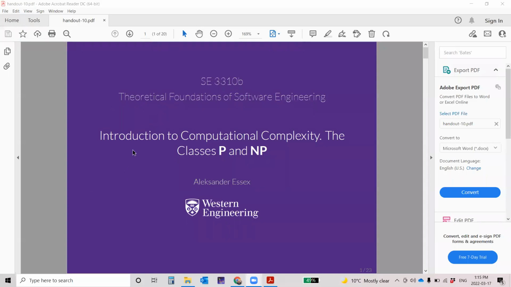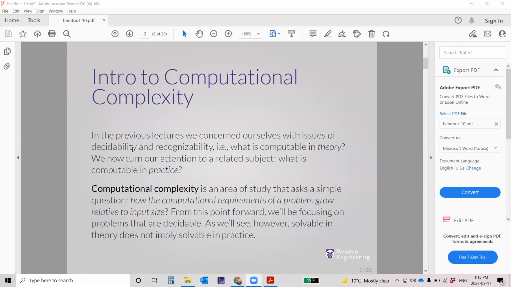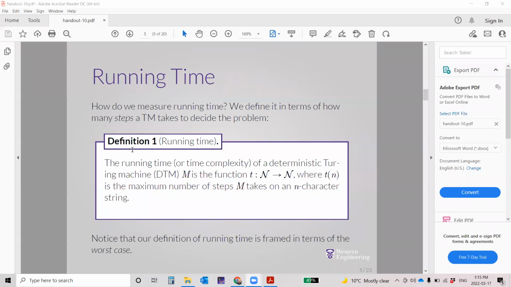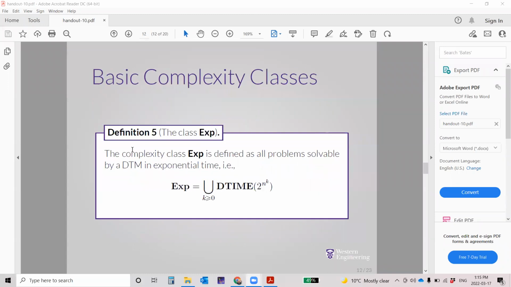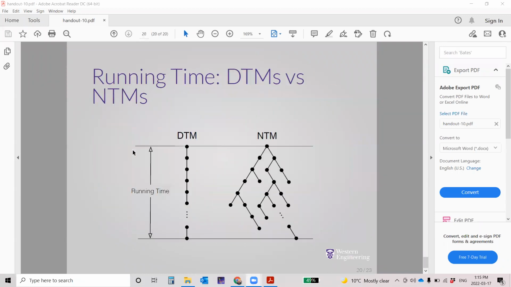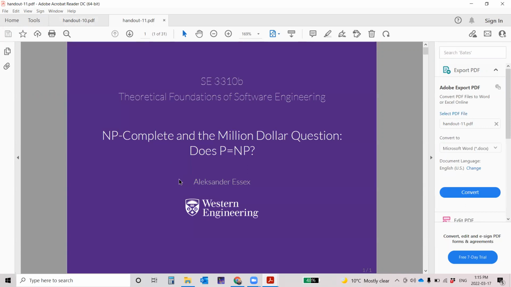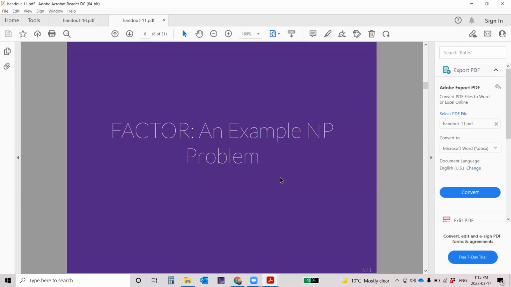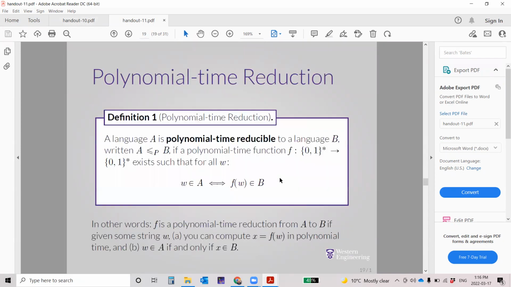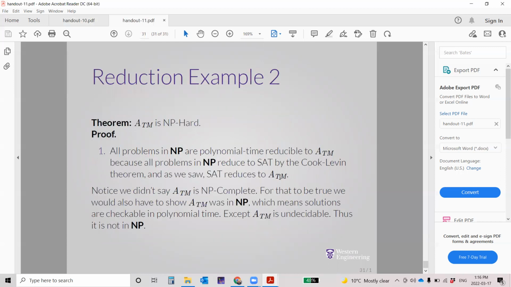We will start talking about computational complexity, the class P and the class NP. We'll start talking about the running time and the big O notation next class, on Wednesday. Then we'll go to handout 11, which is NP-complete and the $1 million question: does P equal NP? We'll talk about those complexity issues.